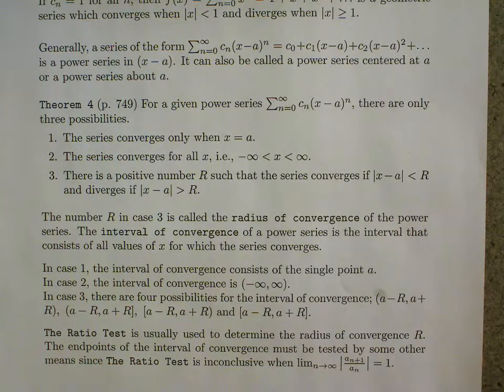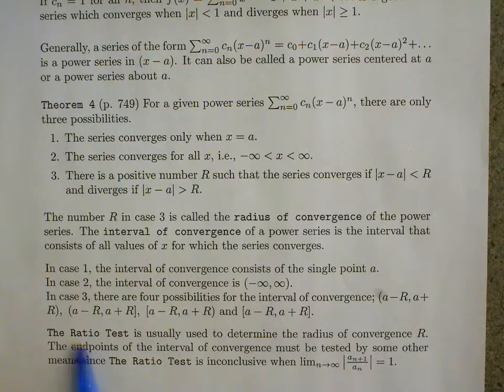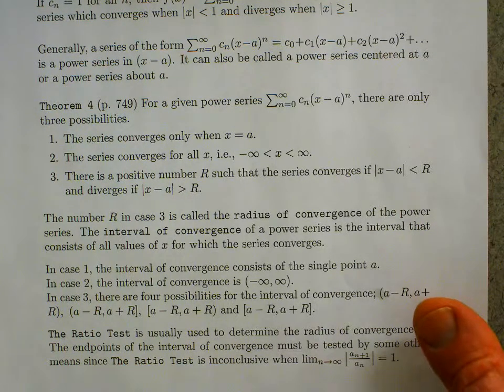Okay, we'll do some examples, and most of the time we're going to use the ratio test. On occasion, it will be more convenient to use the root test, but we'll use the ratio test to help us determine the radius of convergence. So if you see a few examples, that might help clear things up.